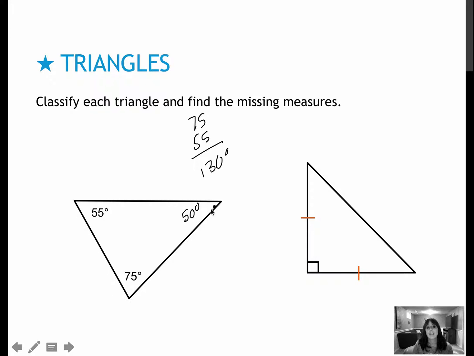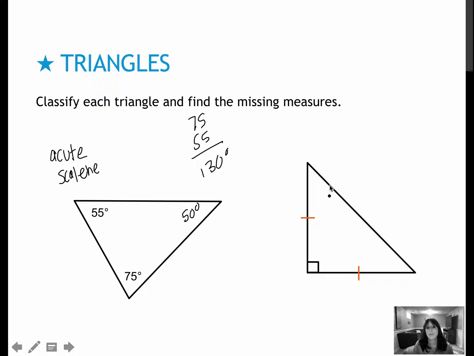What kind of sides does this have? There are three different sides that have different measures, and I know that because the three angles are all different. So this would be acute because all three measures are less than 90. It would also be scalene because all three sides are different measures.